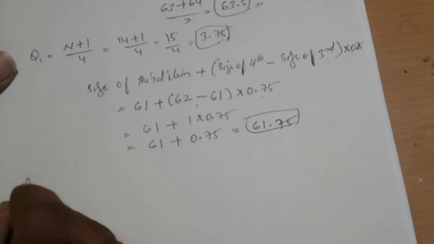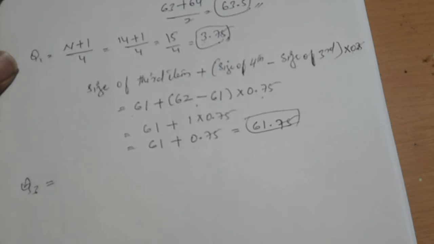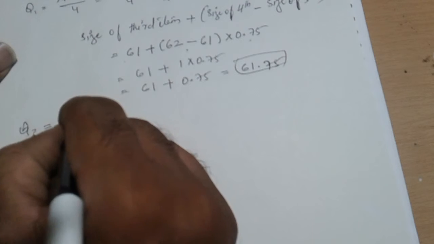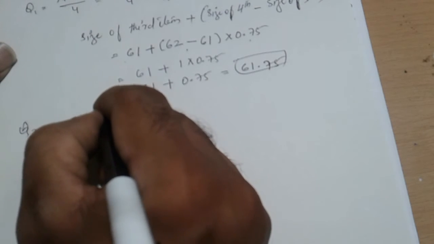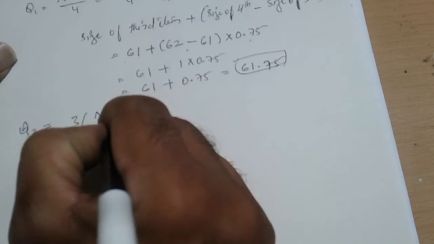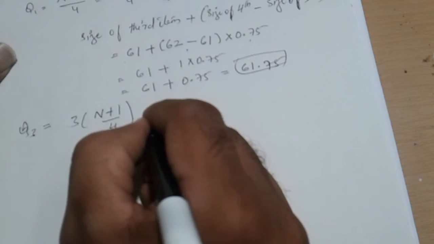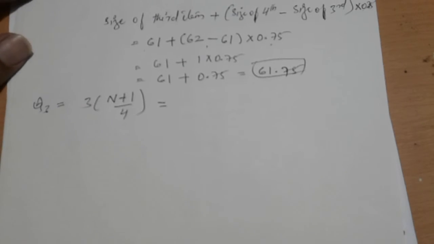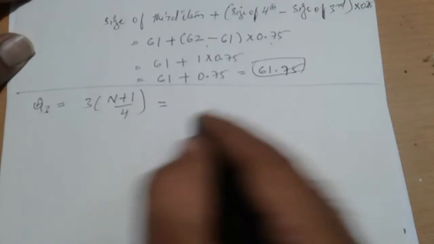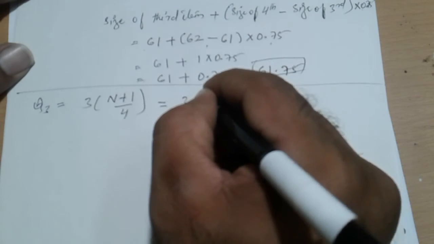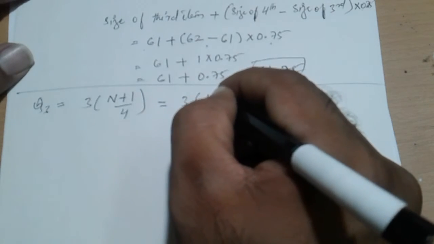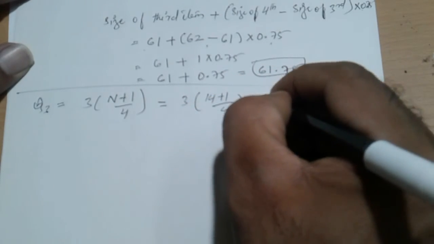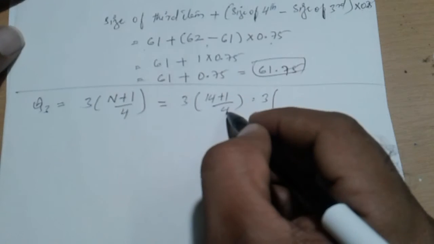For Q3 it is the same. Q3 is known as the upper quartile, which means 3 times (n plus 1) divided by 4. So 3 of 14 plus 1 divided by 4.